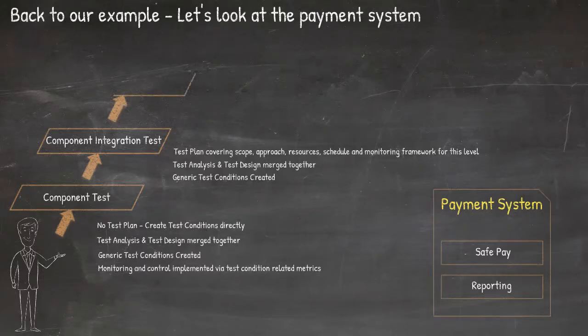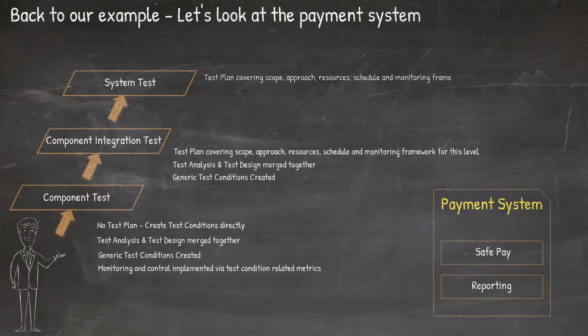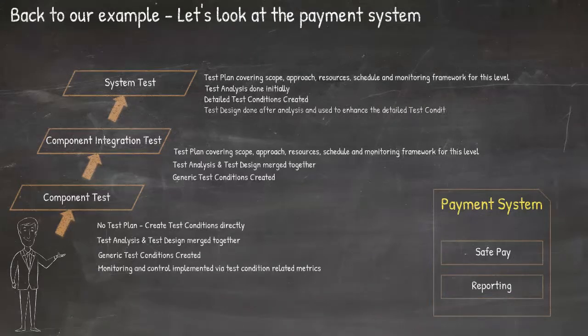Finally, we have reached the system test level. Again, we create a test plan to cover scope, approach, resources, schedule, and define the monitoring framework based on which we report. But this time we do test analysis first in order to shape the test conditions and then follow up with test design to further detail those conditions into cases and detailed steps.